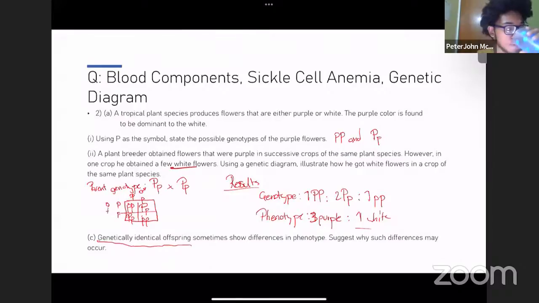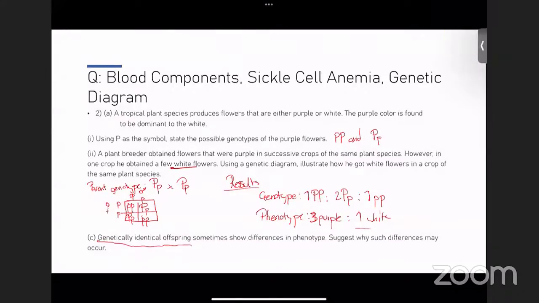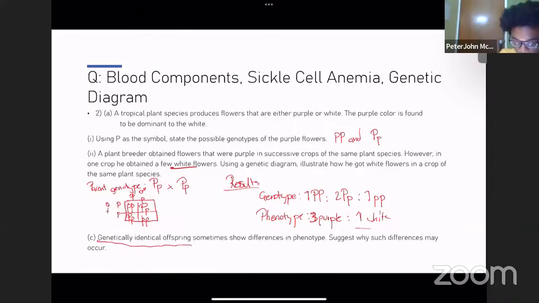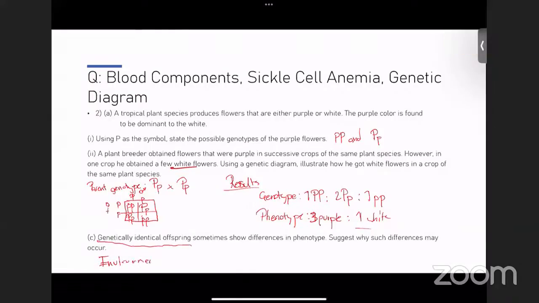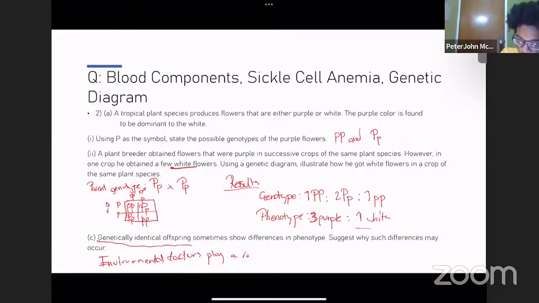No, as in the environment that they're in. Environmental factors play a role in phenotype. So they might have just been exposed to different environments.